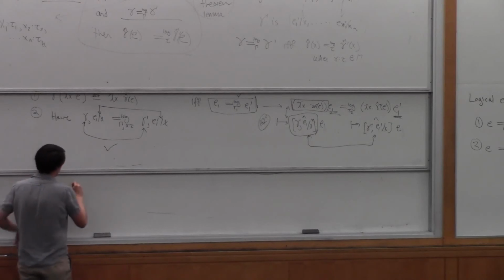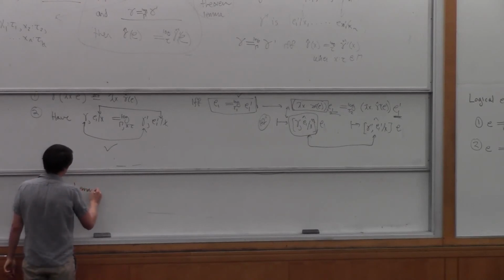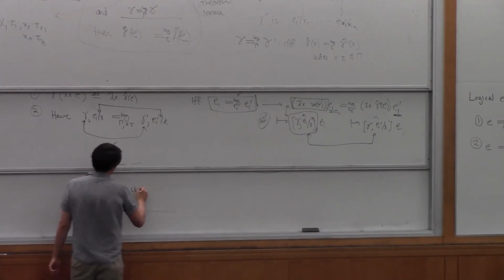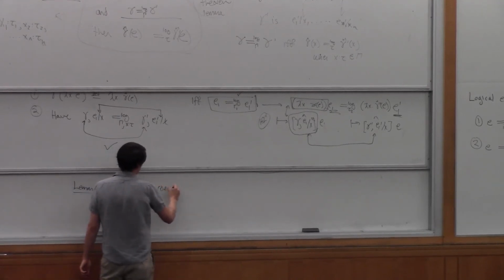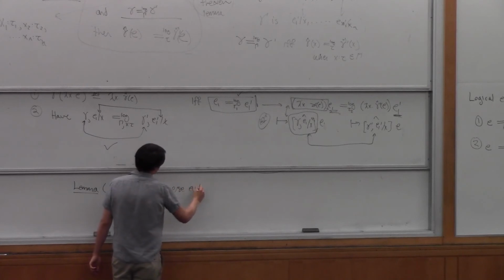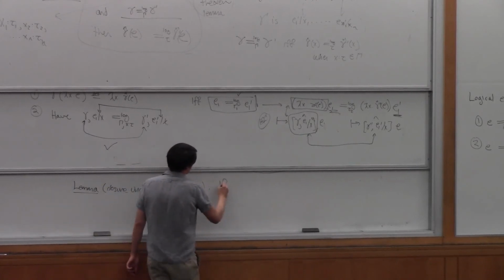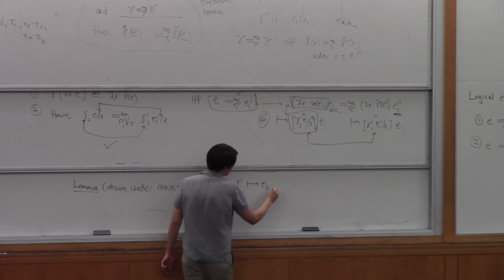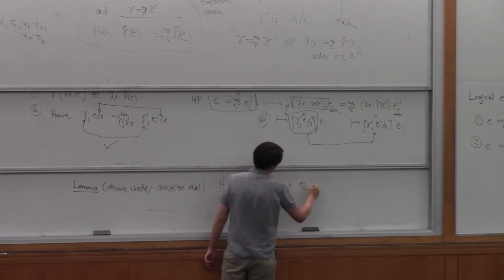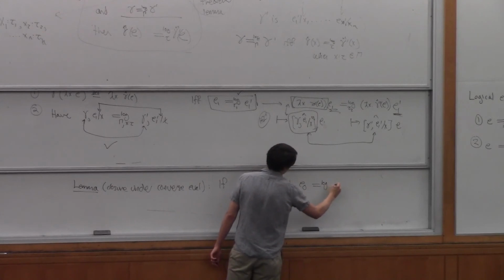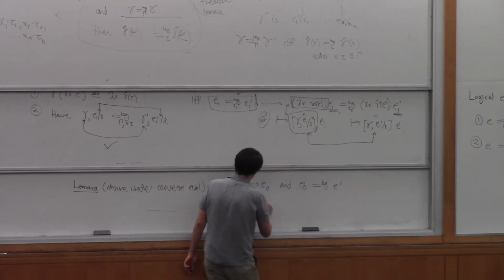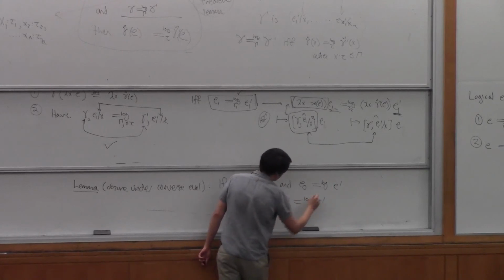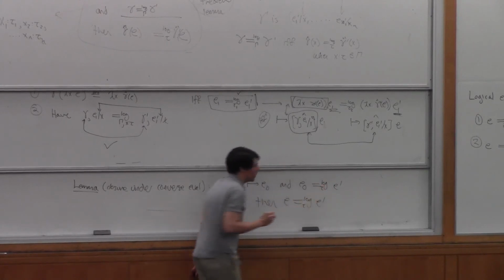And so the lemma that we need is something called closure under converse evaluation, which says that if E steps to E0 and E0 is logically equivalent to E prime, then E is logically equivalent to E prime.